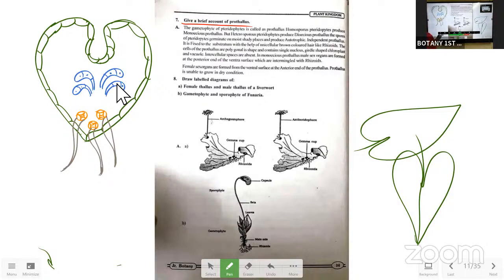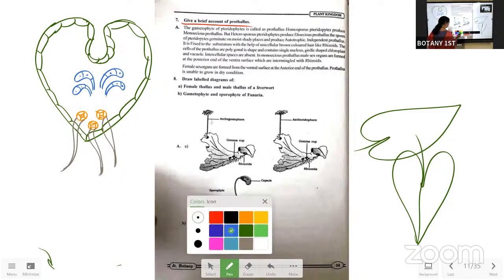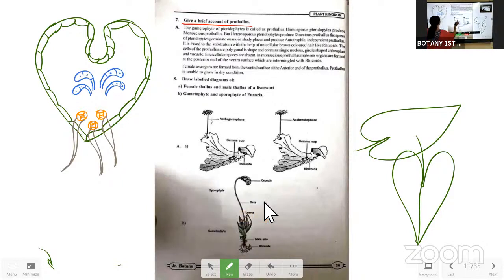Now it needs to be filled up with chlorophyllous tissue, which is hexagonal and arranged without intercellular spaces.